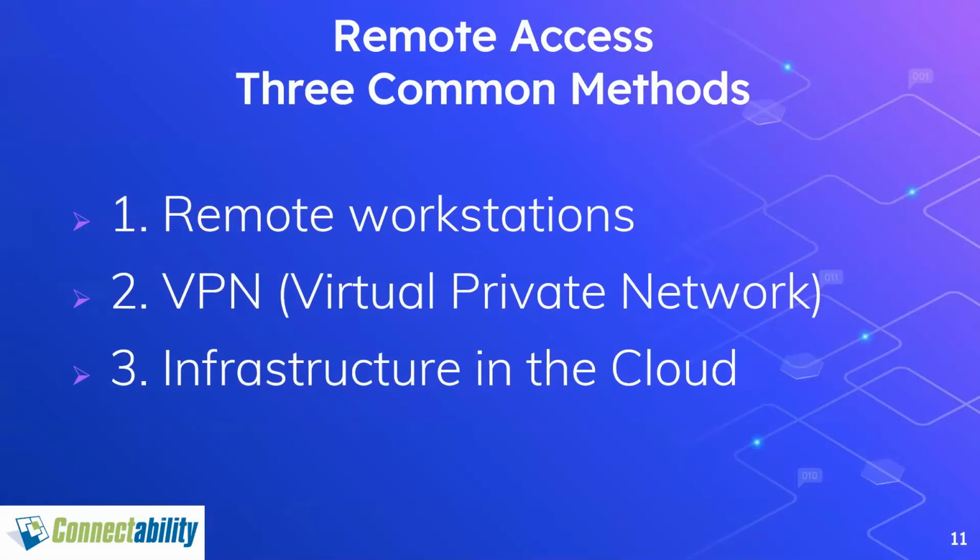The second method is using a virtual private network, or VPN. This is a way of connecting your computer at home directly to your office network. And finally, the third option is to move all of your critical infrastructure into the cloud. Now, that solution doesn't work for every organization, but if it works for yours, it makes you much less dependent on your in-office infrastructure.